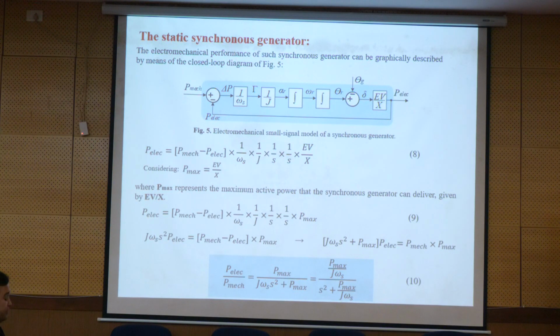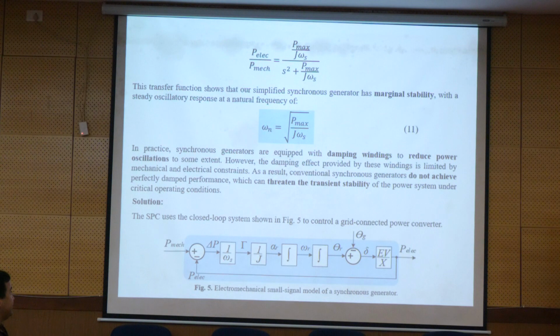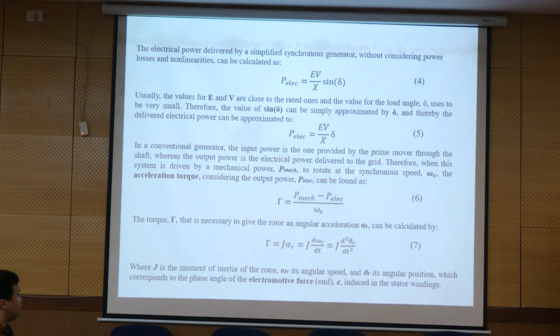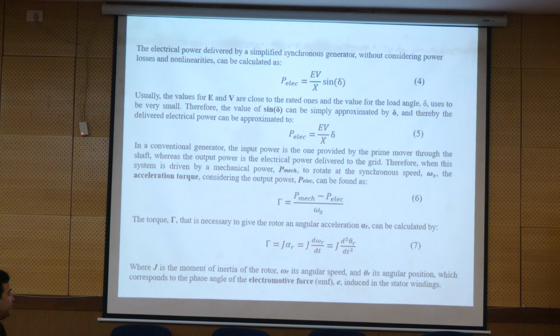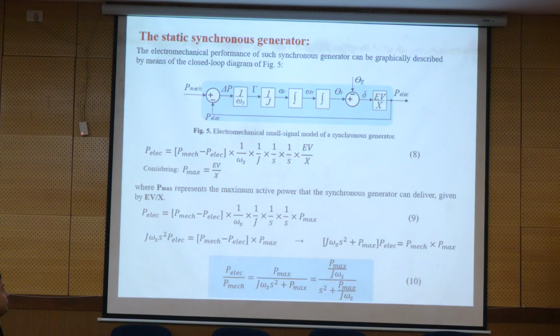And if we divide the torque by J, torque over J is alpha R. If we take the integral of alpha R, it will be omega R. And if we take the integral of omega R, we have theta.